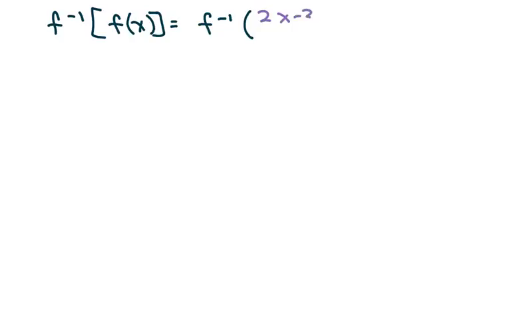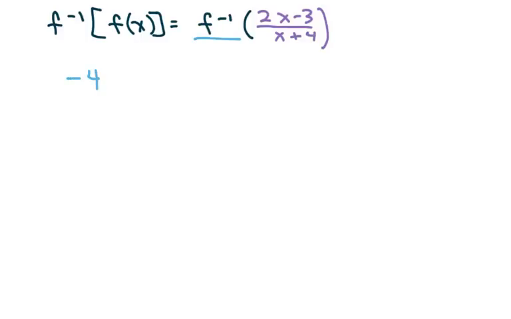Now let's go the other way. And we have f inverse composed with f of x. So it's going to be f inverse, and my f of x, my inner function, is 2x minus 3 over x plus 4. So f inverse is negative 4.